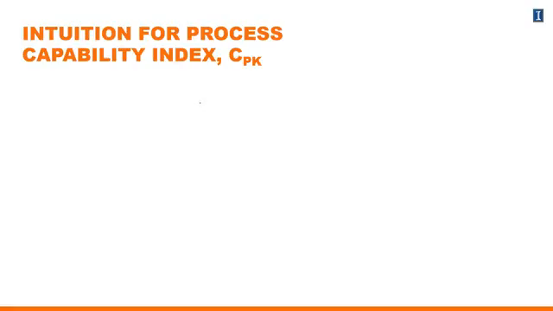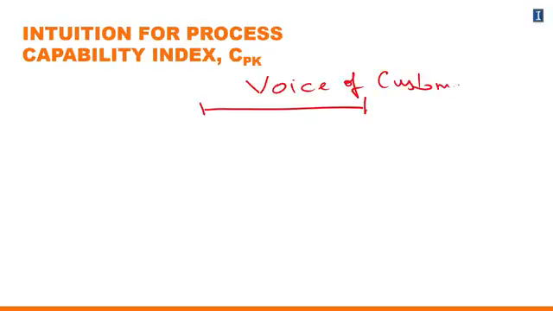So here we have the voice of the customer, right? What we had earlier when we looked at the process capability ratio. The voice of the customer is given to us based on market research. There's a tolerance range that's given to us. Now here, these specific numbers matter. Why do they matter?